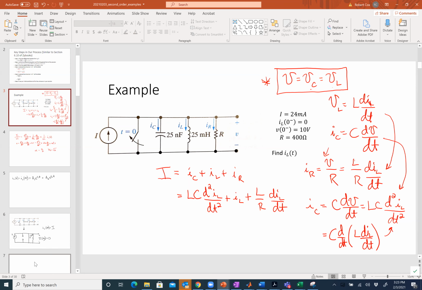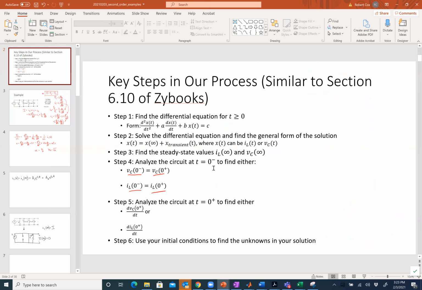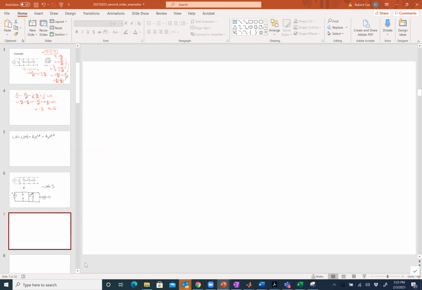So looking at this, step 4 says figure out the values at 0 minus. And then what do we know about capacitor voltage and inductor current? They have to be continuous, right? So if I have 0 minus, I also have 0 plus. All right. So in step 4, I have IL 0 minus, which we were told was 0 amps.